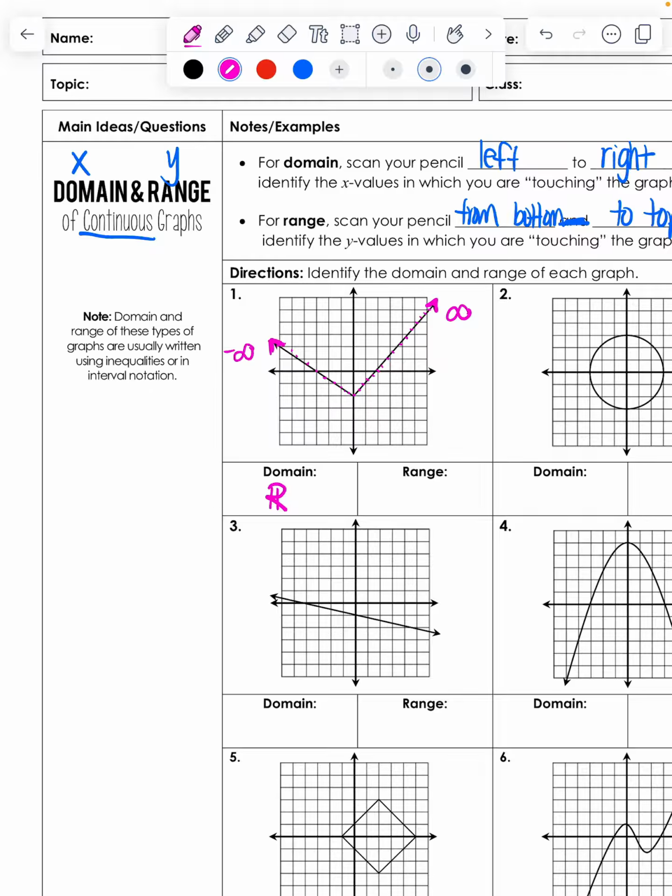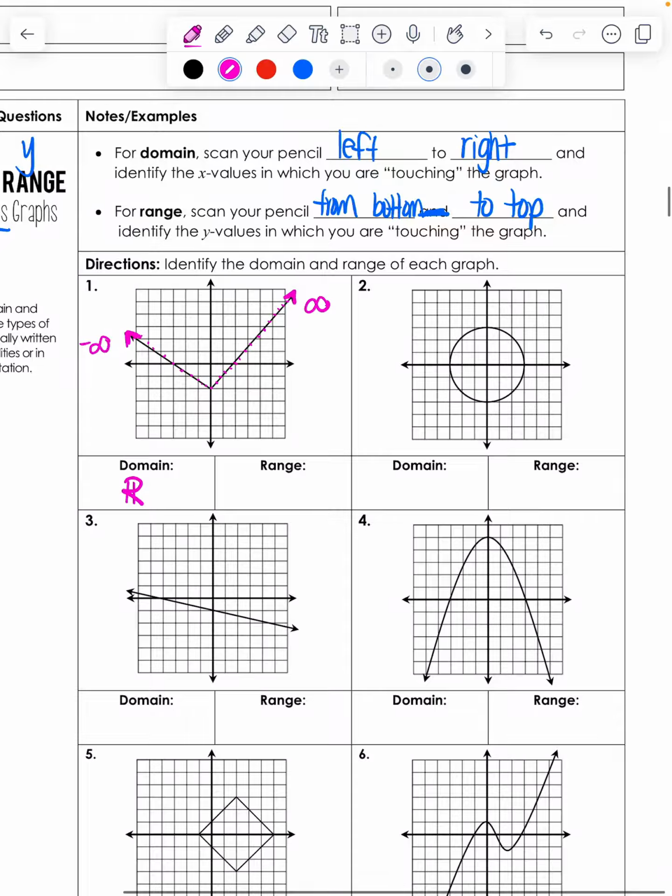Like if I do want to focus on number 2. Number 2's domain, the X values, do not go on forever in both directions, and they are not going to be all real numbers. If I was looking at this graph from an X perspective, the smallest X value on this graph occurs right here when X equals -3. I know this graph is a circle, so the points go around the circle, right?